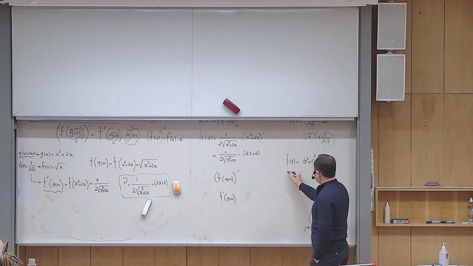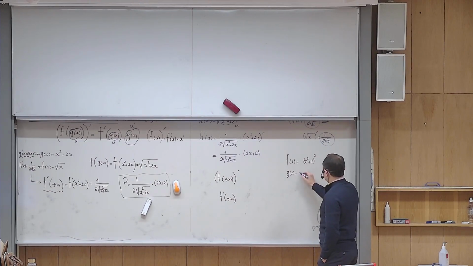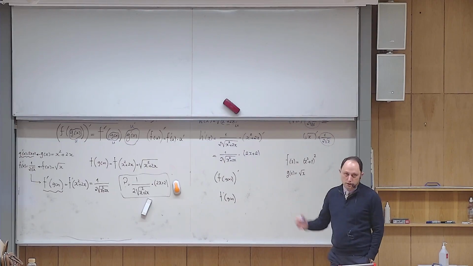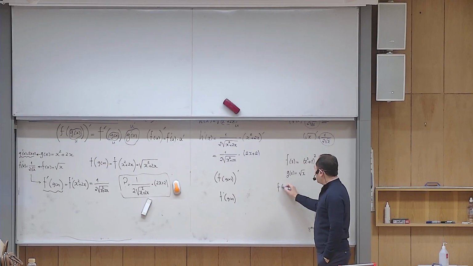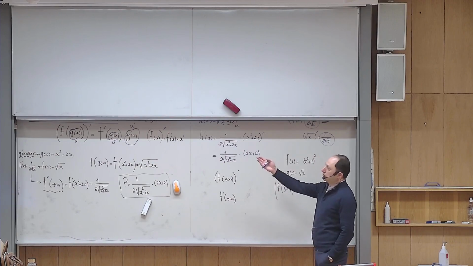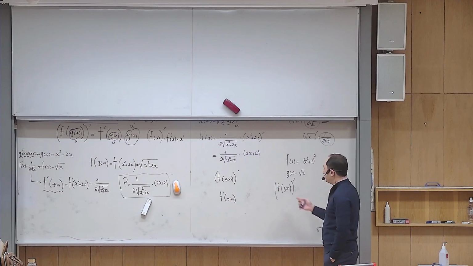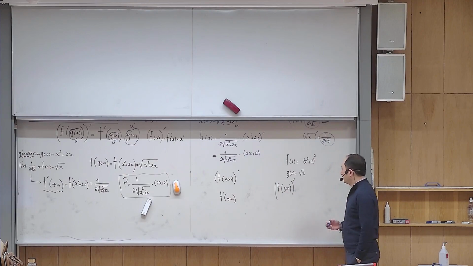And let me give that g of x is equal to square root of x. Assume that you don't know the chain rule, okay? Still, I can ask you to calculate this. But of course, because you don't know the chain rule, you cannot use the formula, but it doesn't mean that you cannot solve this. You can still solve it.